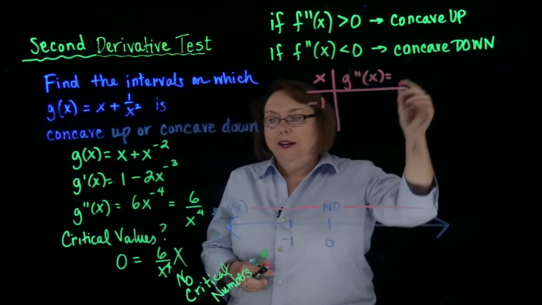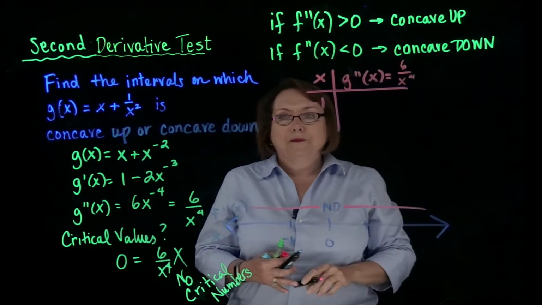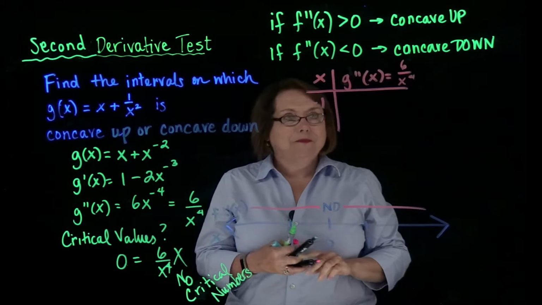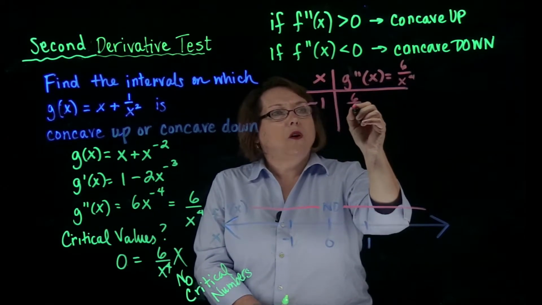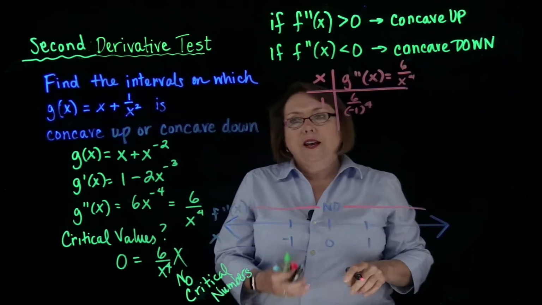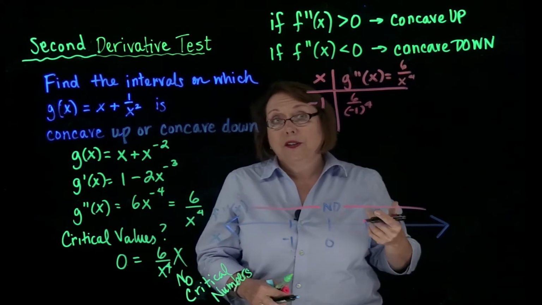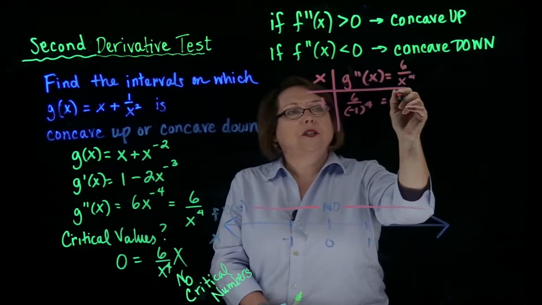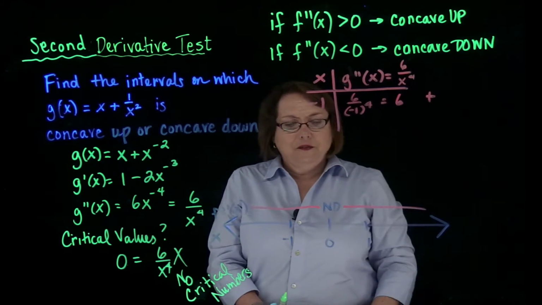Let me just write it here, 6 over x to the 4th, to help me remember what we have to calculate. So if x is -1, we'll have here 6 over -1 to the 4th. When you take +1 or -1 to an even power, it's always going to be positive. So we'll have 6 over 1, or 6, which means that's a positive number.